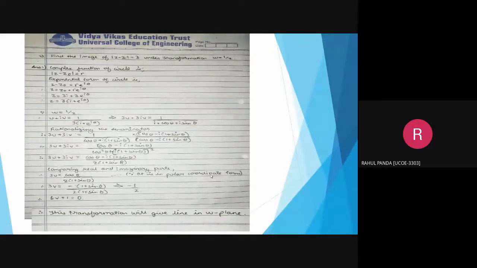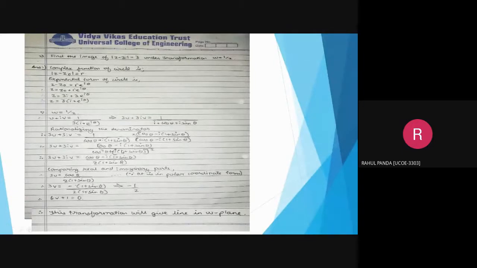find the image of mod z minus 3i is equal to 3 under the transformation w is equal to 1 by z. The solution for this is by using the complex form of a circle, that is mod of z minus z naught is equal to r, where z naught is the center of the circle and r is the radius.